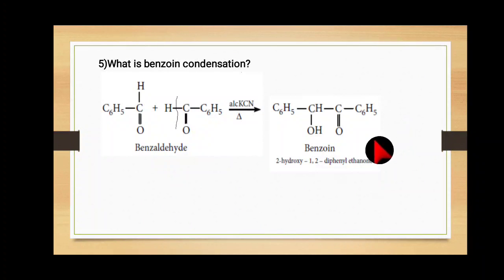That is called benzoin, an alpha hydroxy ketone. The IUPAC name is 2-hydroxy-1,2-diphenylethanone, that is called benzoin.